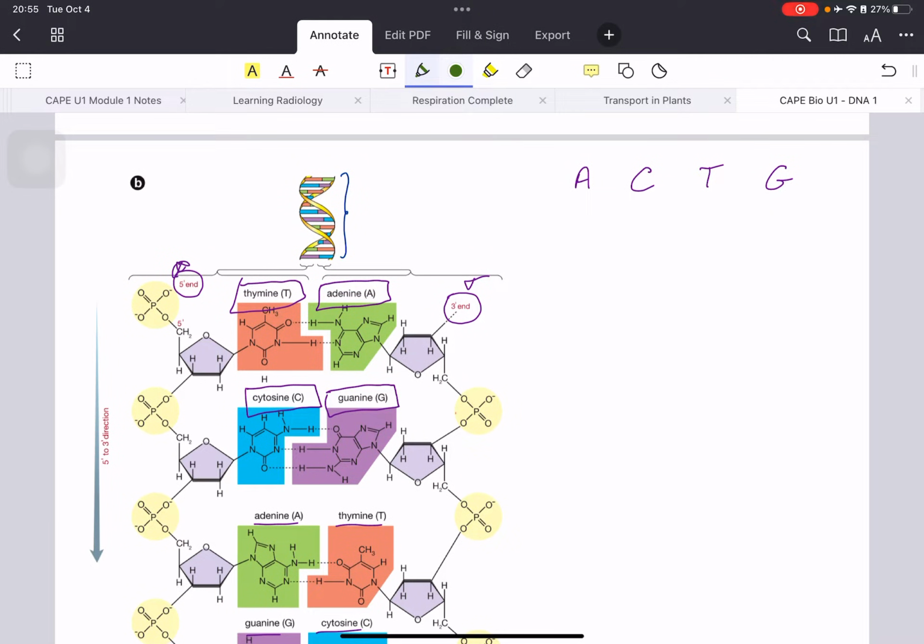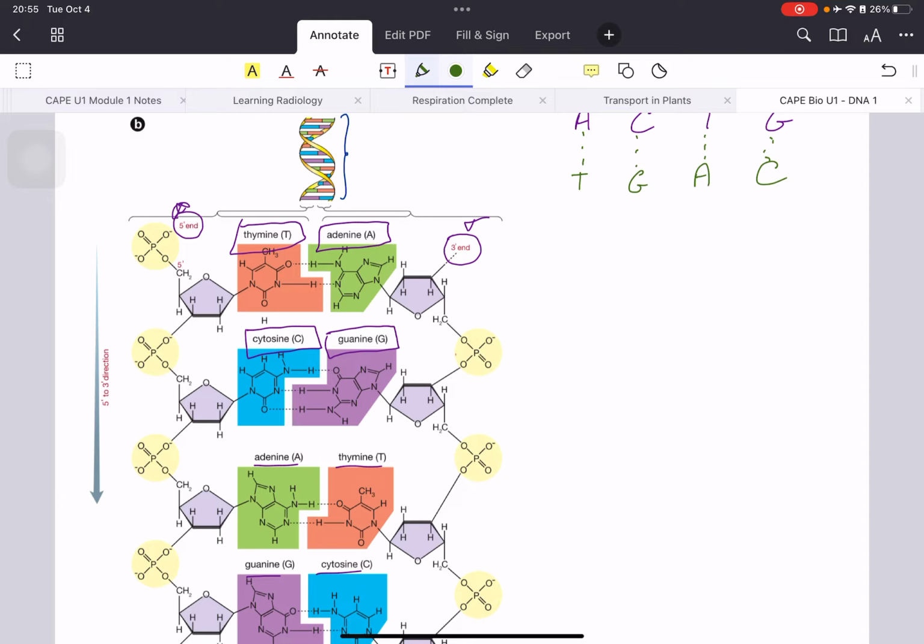Well, A will bind to a T, C will bind to a G, the T is going to bind to an A, and the G will bind to a C. So those will be the bases that pair up the two chains there, right? It's quite easy once you remember that they only pair in that fashion. So thymine to adenine, cytosine to guanine. That is the most important part of this diagram here.